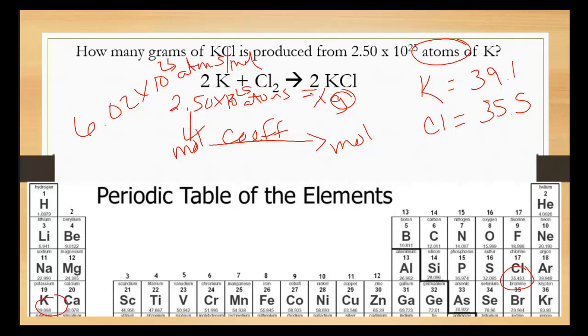The only time you ever use that 2 is during the coefficients. That's a major mistake that I see with students, is that they want to use that 2 in multiple places. There's only one time that you use that 2, and that's during going from moles of one to moles of another. So when we're looking at the molar mass, we only focus on the compound itself. We add these two numbers together, and it comes out to be 74.6.